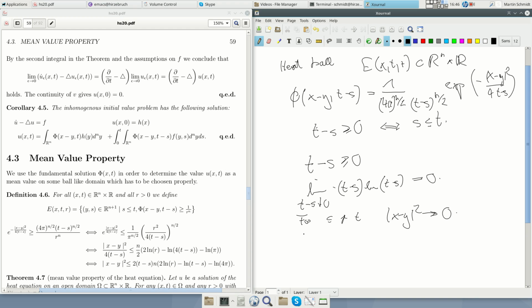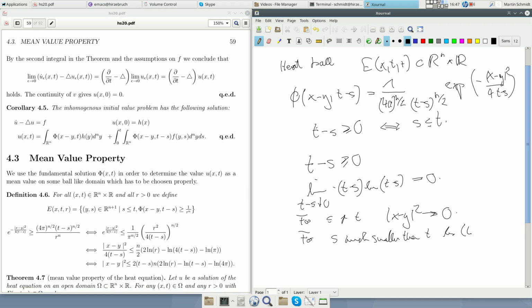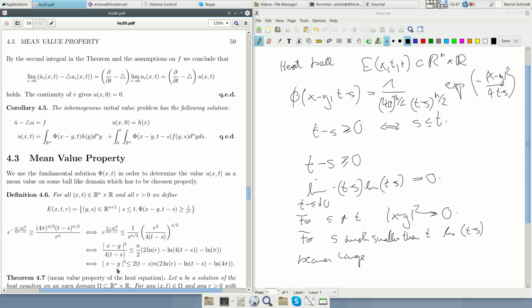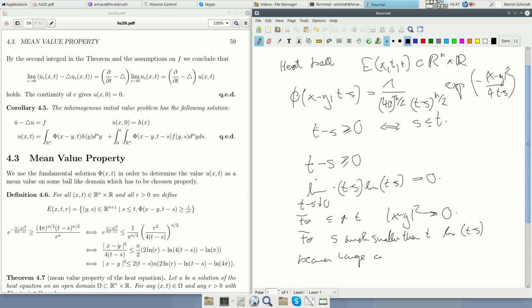So for s much smaller than t, ln of t minus s becomes large, and this means that the right hand side becomes negative.